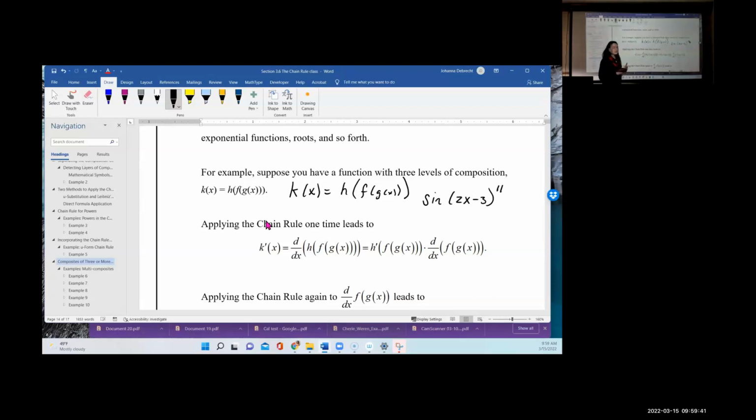Okay, this is a nested composition problem. What different functions do we see? Which one is h, which one is f, and which one is g? The order of operations will help you figure out which one is on the very outside and which one's on the very inside. If I said x equals 1, what would you plug it into first?